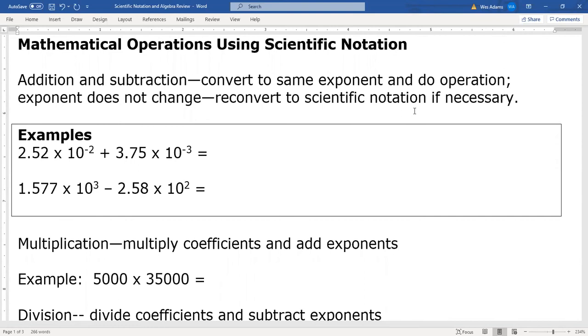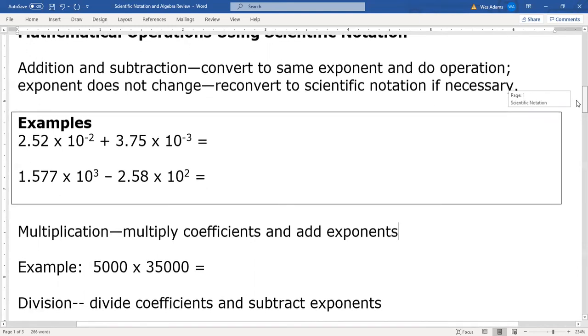Sometimes it's better maybe just to run that through the calculator or convert it to regular numbers and then add. Either way, if you look at these numbers, for example, you see there's a -2 and a -3, and you've kind of got to work on that to make sure the decimal places line up.